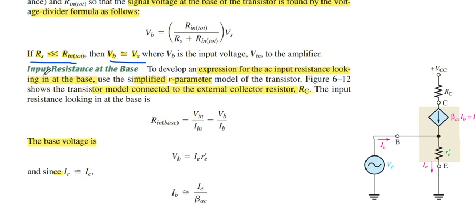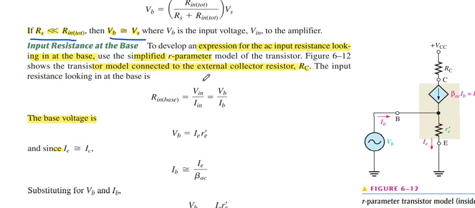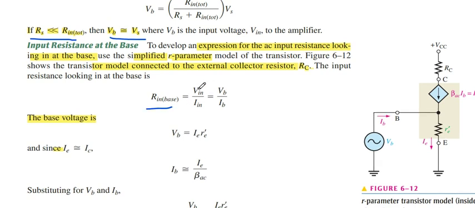Now we use the circuit of r parameters by calculating the resistance R in base, which is equal to V in divided by I in. V in is basically VB and I in is IB.